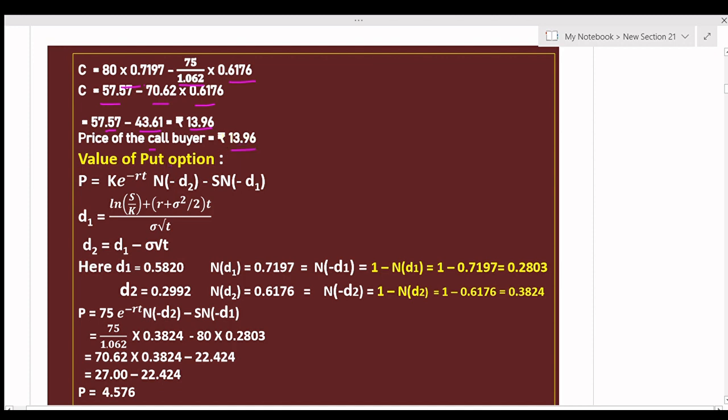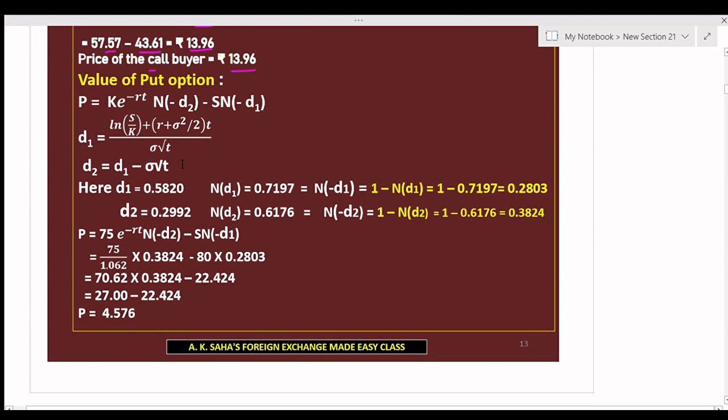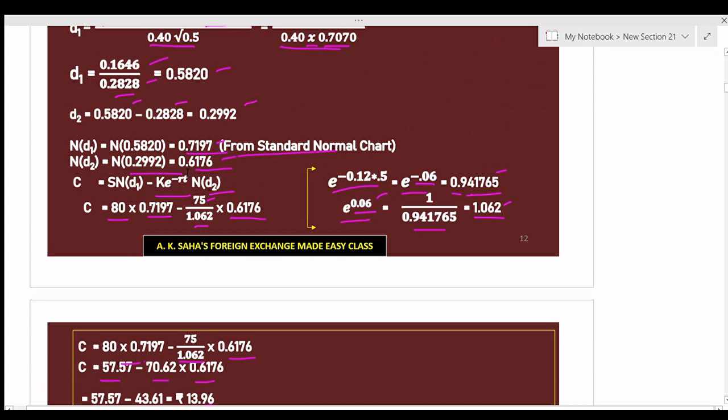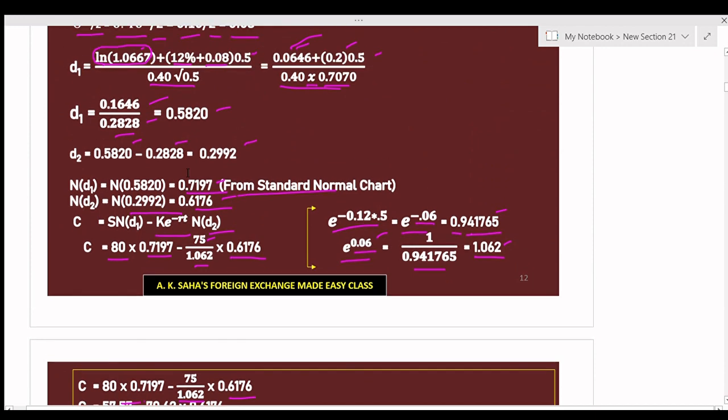And the value of the put option. The formula is P is equal to K into e to the power minus RT into N into minus D2 minus S into N into minus D1. Now D1, the same formula, you apply this, and what is derived in the problem, D1 is equal to 0.5820.